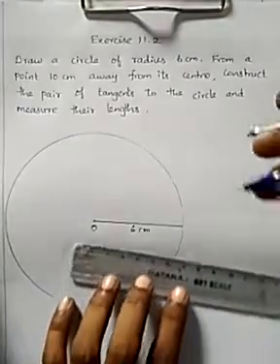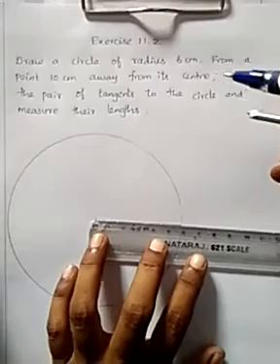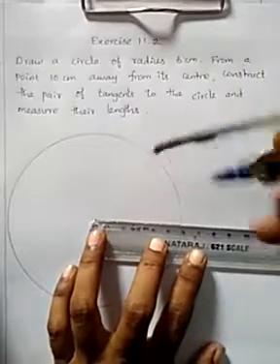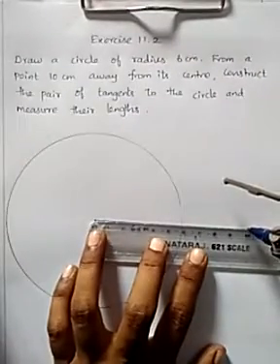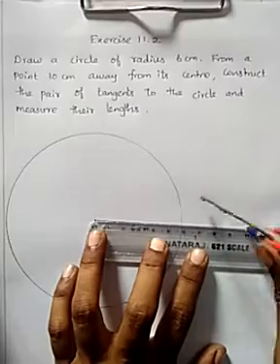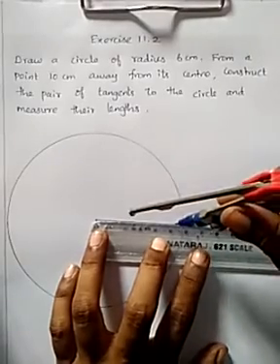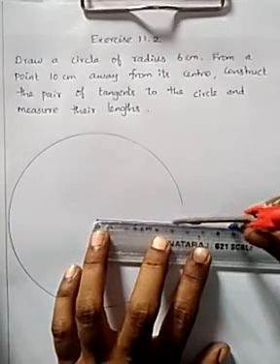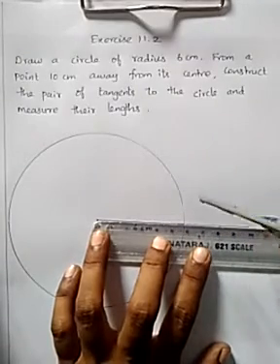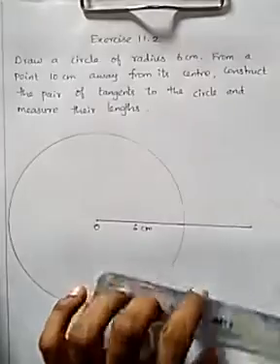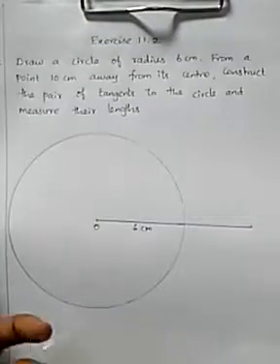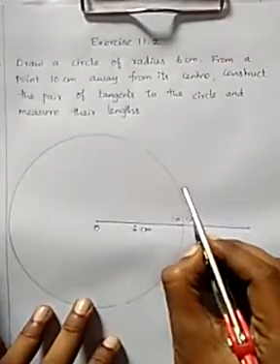Now you can use the scale. This is 0, and this is 10 centimeter. So already 6 centimeter is inside the circle, then you extend 4 centimeter outside. So totally this is 10 centimeter.